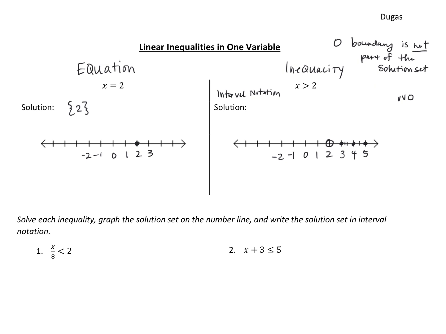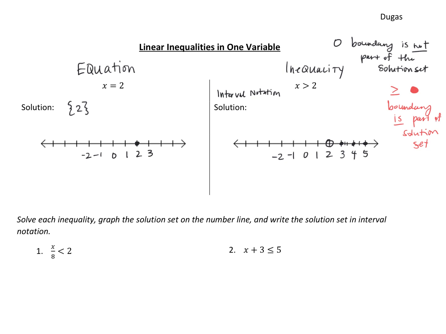Remember that you also have an inequality that includes the equal to sign. So you could have a greater than or equal to. In that case, use a closed circle, and that indicates that the boundary is part of the solution set. That's not the case that we have here.